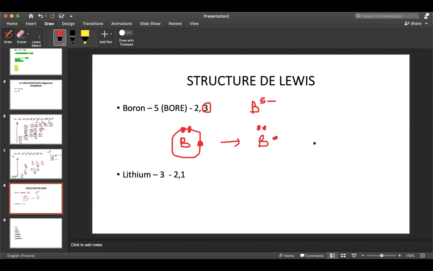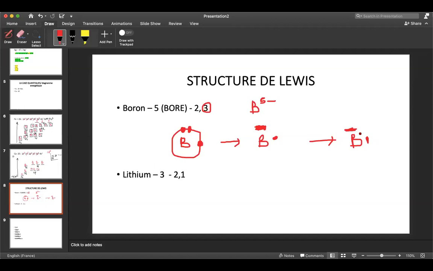Then in Morocco, what they do is they just represent it with dashes to mean that there are 2 electrons there, so it can also be written with 1 dash there. Now with the other one, the dash is not complete.